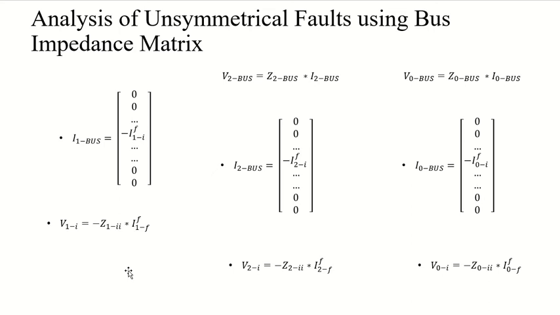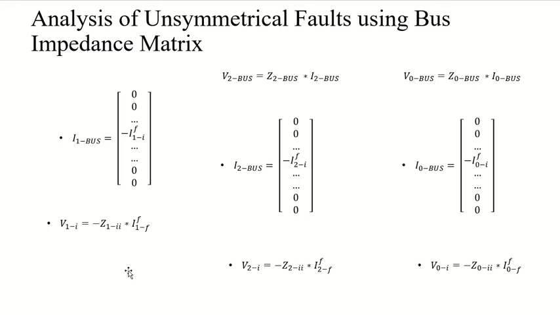Now according to the sequence network connection, my current I1 raised to F can be injected only at the faulted bus, the ith bus of my positive sequence network. So what will be the value of this I1 bus?